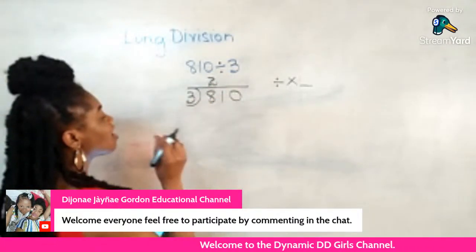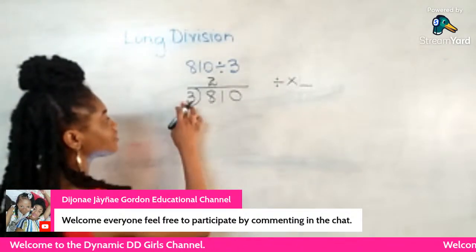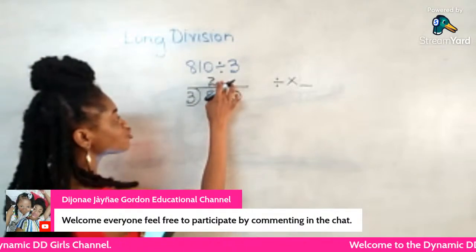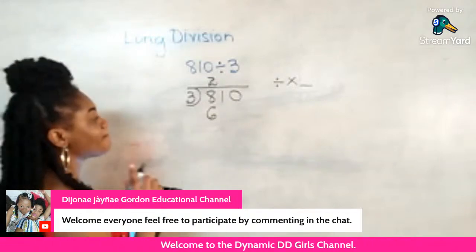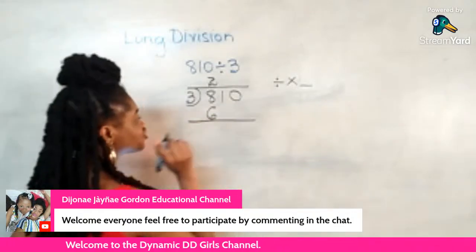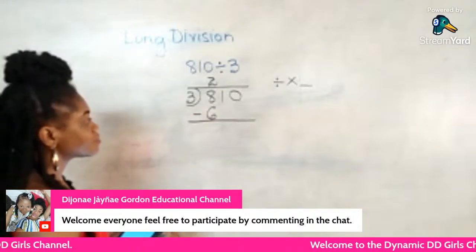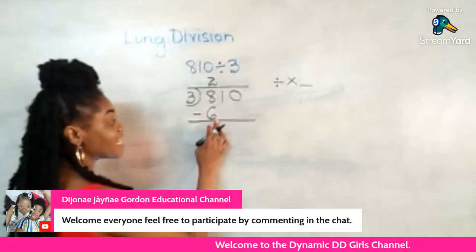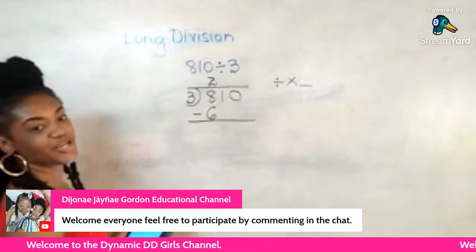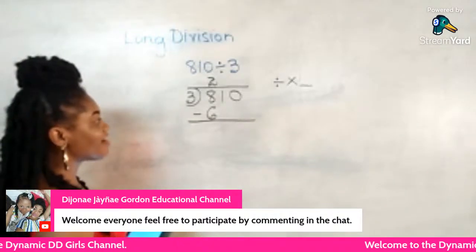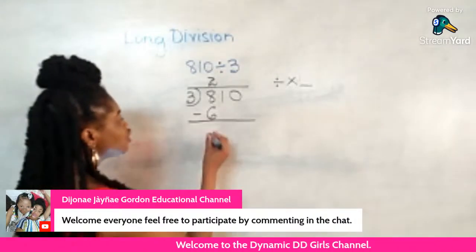So we just divide. So now we are going to multiply. So 3 multiplied by 2 give us 6. And please note where I am putting my 6. Now I'm going to draw my line and I'm going to take away. So now I am going to take this 6 from this 8. So you have 8 things and you give away 6. And of course, you are left with 2.